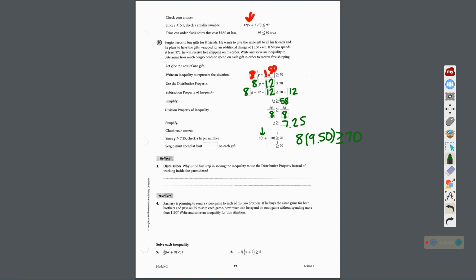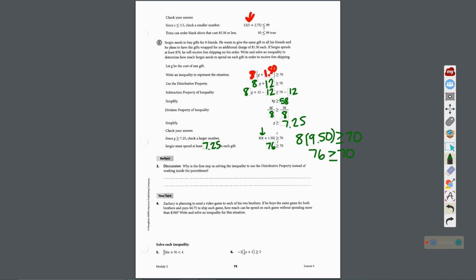And then 8 times 9.50 is 76, which is in fact greater than or equal to 70. So Sergio must spend at least $7.25 on each gift.